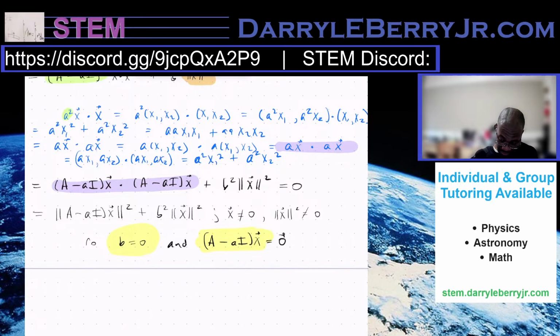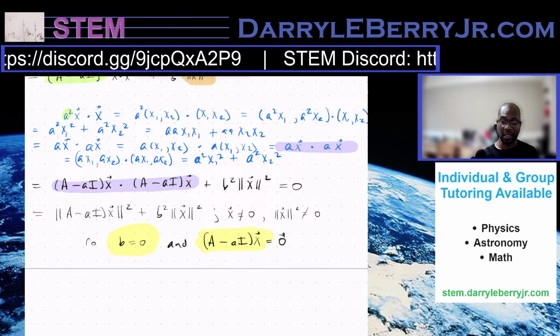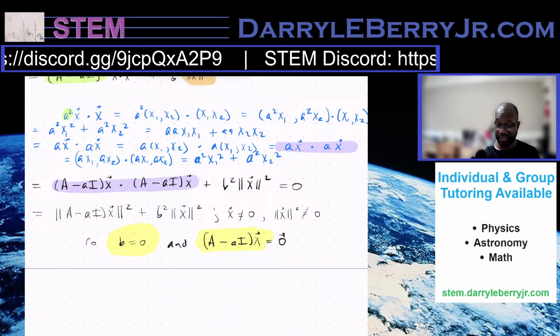So we shall come back later and continue from there, and we'll get the second part of the spectral theorem, and then we'll work an example.